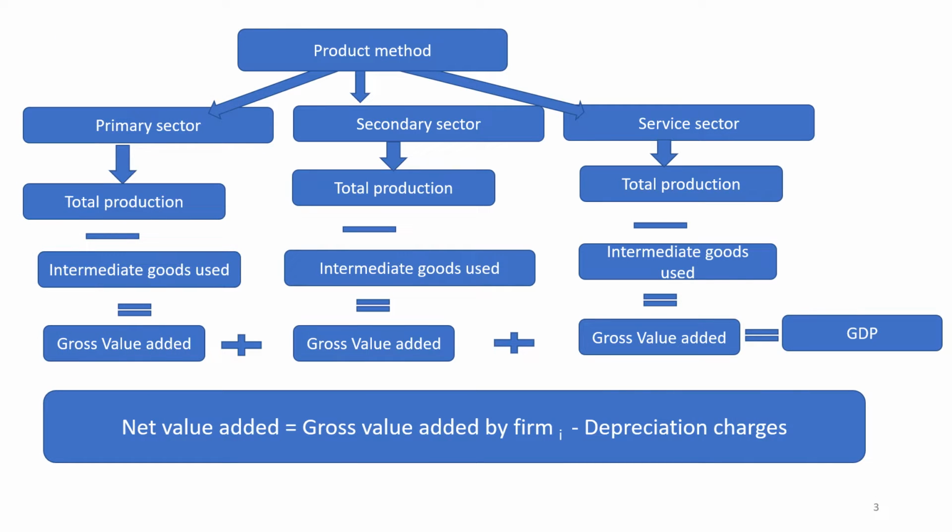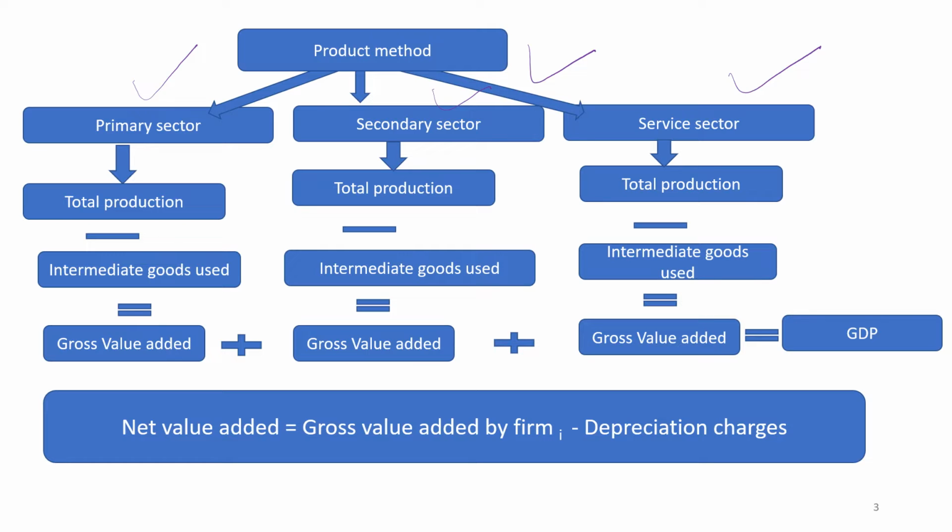Now let us discuss how to calculate national income by product method. Under product method, we are going to consider the sum total of all final goods and services produced in the economy. And we know that the economy can be divided into three sectors: primary sector, secondary sector, and tertiary or service sector.